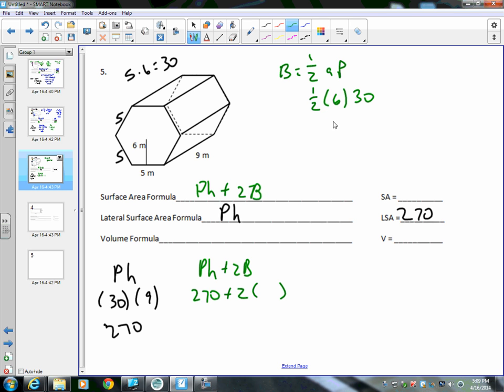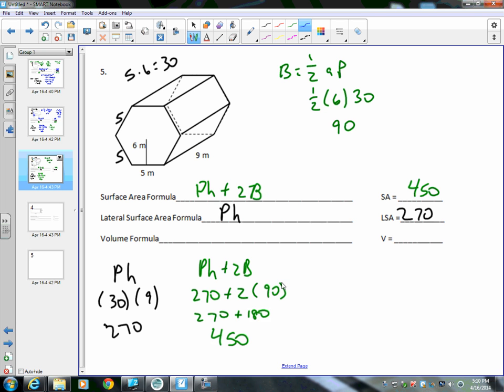And we end up with 90. Awesome. So now we have 270 plus 2 times 90. Well, 2 times 90 is 180. 270 plus 180, and we get 450.